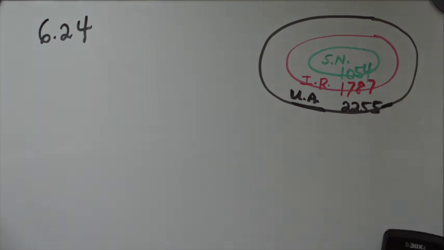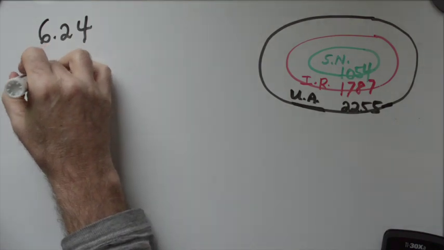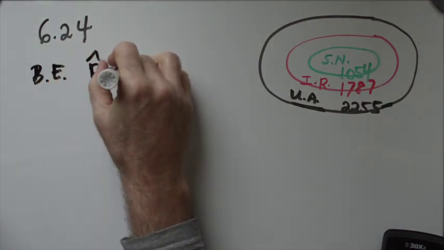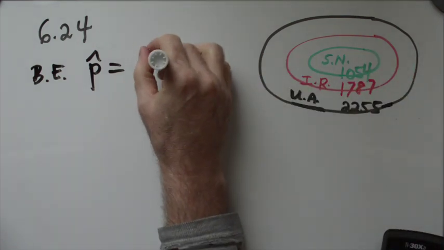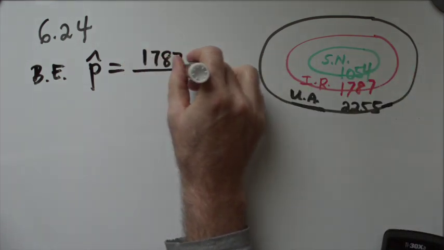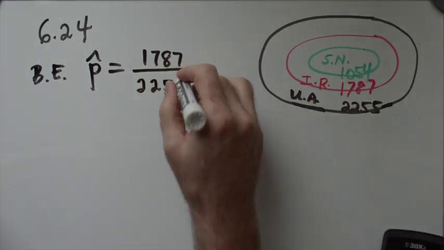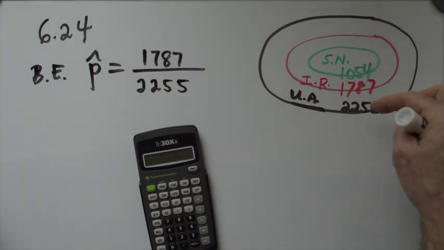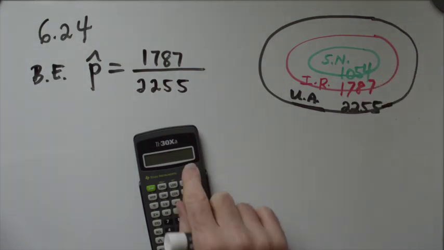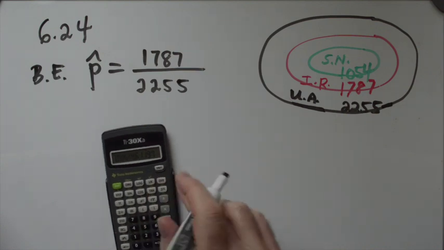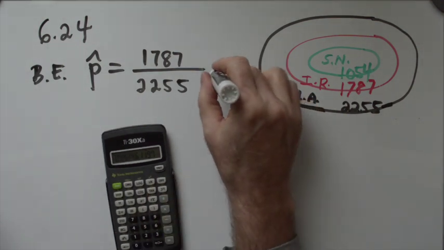Our best estimate, BE, is the proportion 1,787 out of the 2,255, which gives us the proportion of adults that use the internet regularly. So 1,787 divided by 2,255, and we'll call that 0.792.